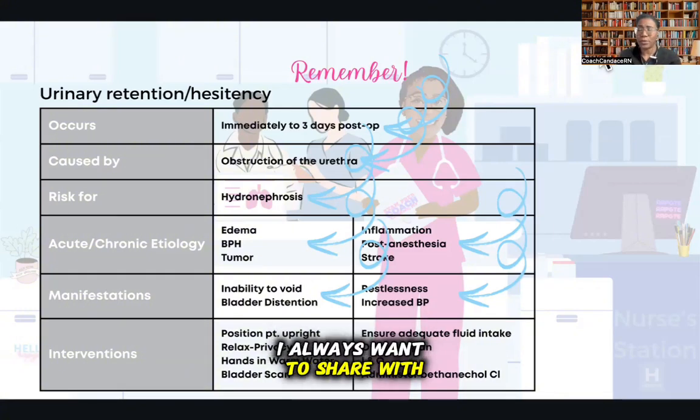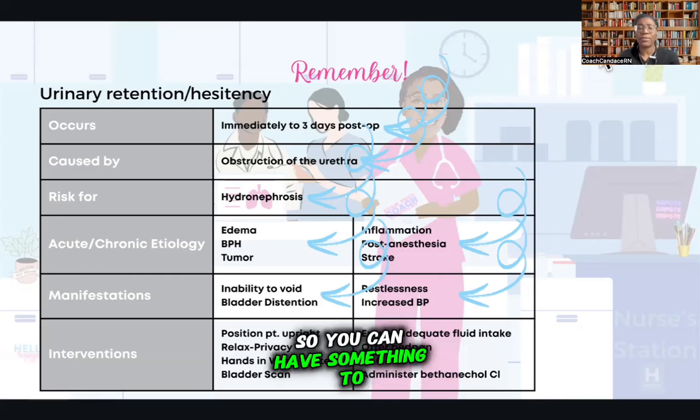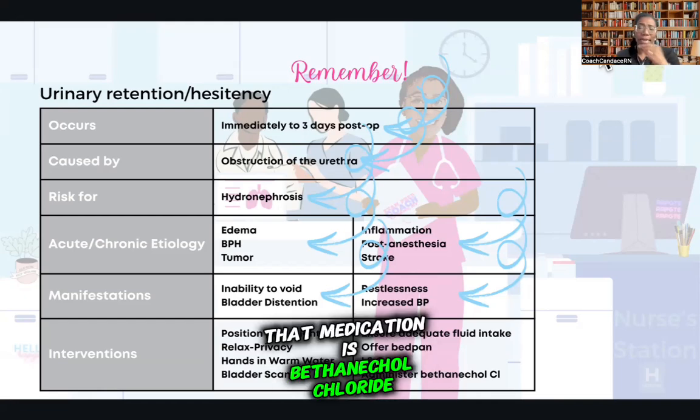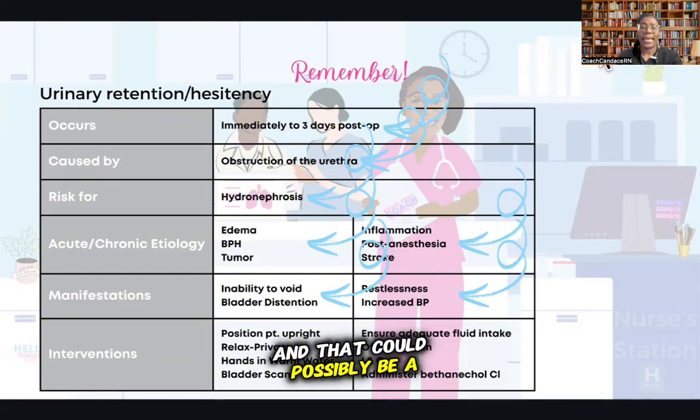So when we do that, I always want to share with you a table like this so you can have something to work with and share in your NCLEX planner, right? And use it as a study guide, an active learning study guide or tool. All right. So with that said, that medication is bethanechol chloride, and that could possibly be a part of the profile for your patient in terms of interventions.